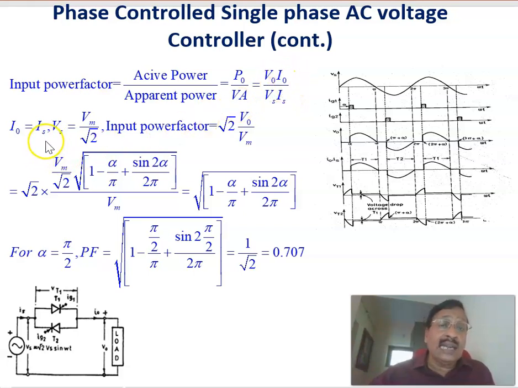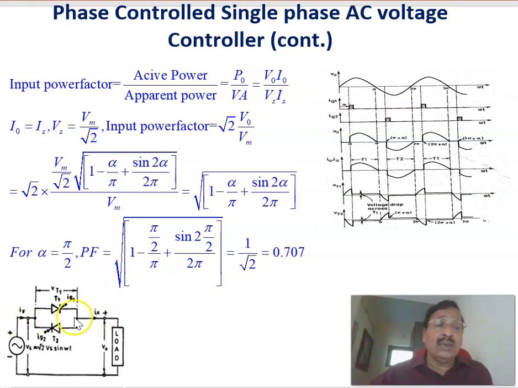Since we are using a resistive load, here V0 and I0 we are taking as the power output, and the apparent power is the RMS value of the input voltage times the RMS value of the input current. Therefore, Vs into Is.